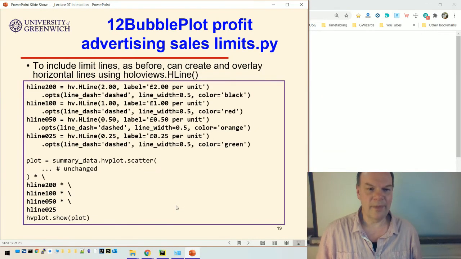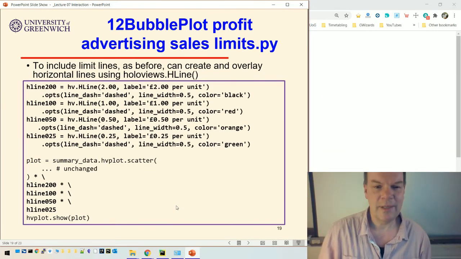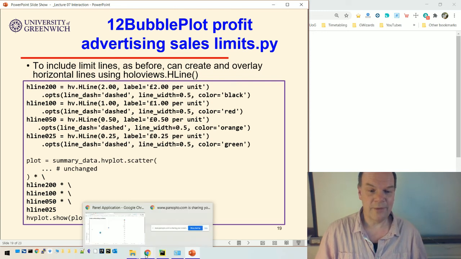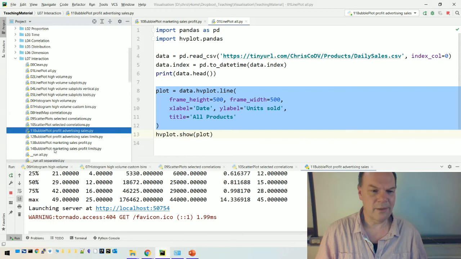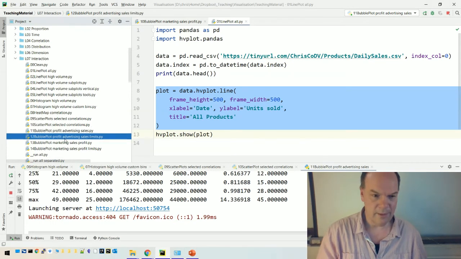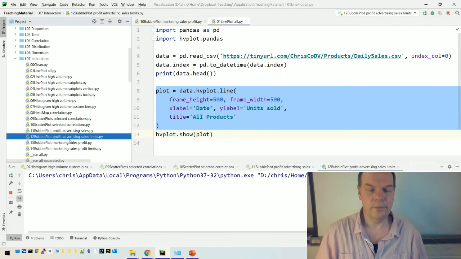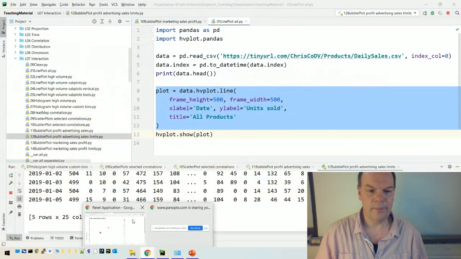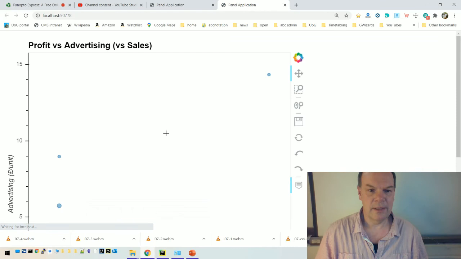And then if we want to put limit lines in, as we did before, we can create horizontal lines using holoviews.hline. If you remember, we did this before, to get a sense of where the limits were for each different thing. Let me show you that running. So there it is.